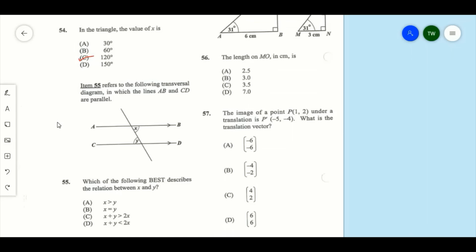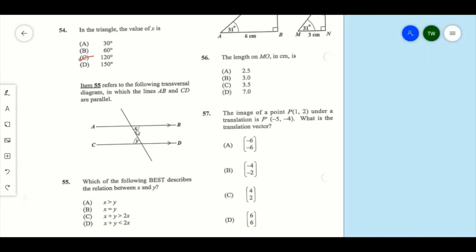Item 55 refers to the following transversal diagram in which the line AB, which is this line AB, and CD are parallel. 55. Which of the following best describes the relation between X and Y?